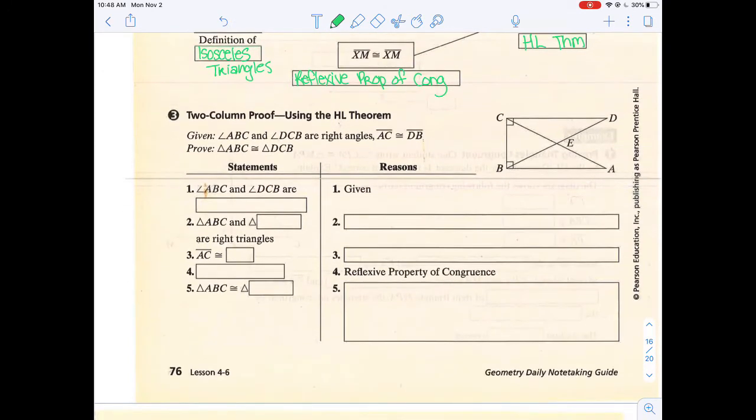All right, let's keep going with this. So, two-column proof using the hypotenuse leg theorem. Angle ABC and angle DCB are right angles, and that was given to us right here.